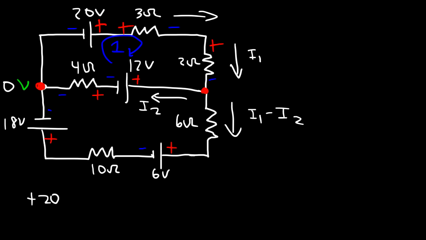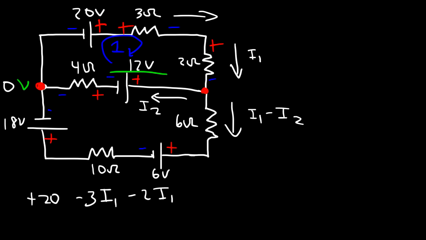So that's going to be a voltage drop across the 3 ohm resistor. And that's going to be negative 3 times I1. Now, as we follow the loop through the 2 ohm resistor, we're still going in the direction of I1. So that's another voltage drop, which is negative 2 times I1. And then we're going in this direction through the 12 volt battery, but towards the negative terminal.